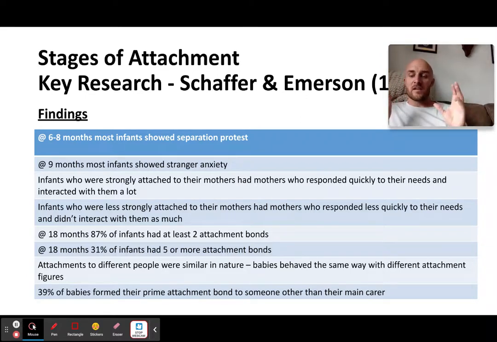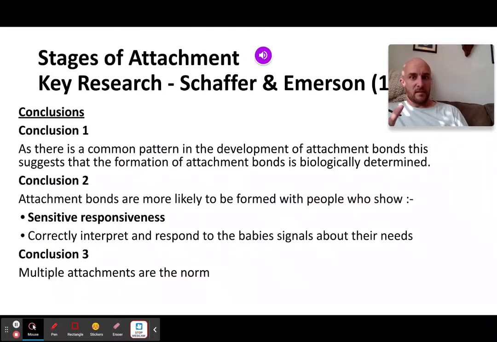If we go by society, it's the mother who looks after the baby the most. 40% or 39% of kids, their primary attachment is not actually to the mother, it's probably to the father, possibly to grandparents. So it shows that it isn't just a case of who spends the most time with someone. And that's really important. It's who is able to look after your needs the most, who's able to read your needs the most. And we'll go on to that in a second.